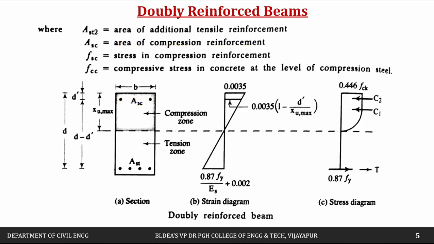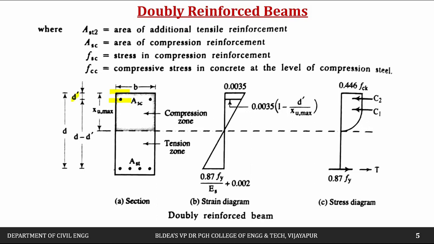We have this distance from the extreme top compression fiber to the center of this compression reinforcement. That we are going to denote as D dash. So that is nothing but D dash.